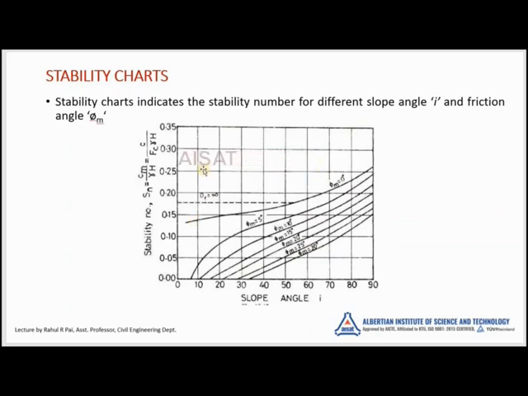So this is how you determine the stability number from the stability chart. So you have the unit weight of soil, you have the height of the soil, and if you have the C value, the cohesion is also given, then you can find the factor of safety.